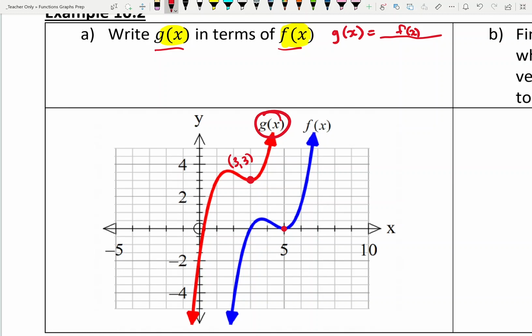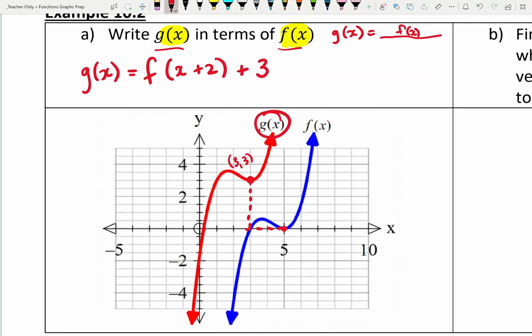All right, we can see that for our horizontal translation, we've gone 2 units to the left. That tells us that we're talking about g of x being f of x plus 2. It's moved to the left, so it's plus 2. Then we can see that our critical point has moved 3 units upwards vertically, so it has been translated through plus 3.